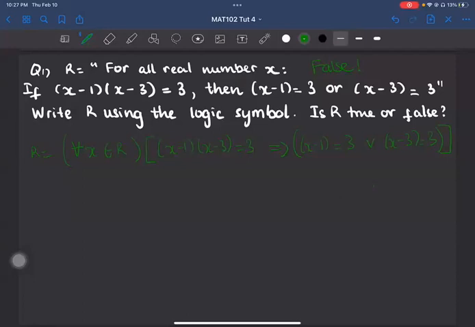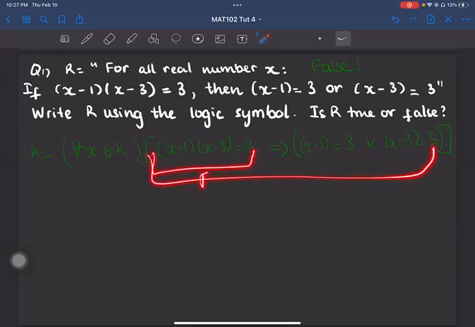So these are using the logic symbols. And when we think about whether it is true or false, if I'm in the test, I will not care about the values that don't satisfy this, because obviously for those values the implication is true since this one is false.